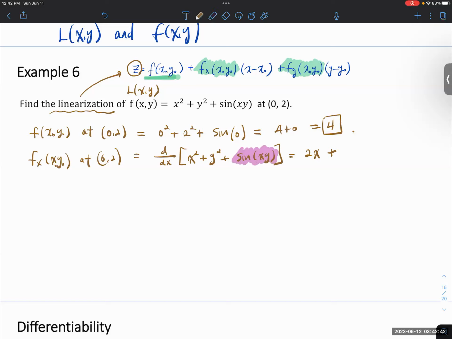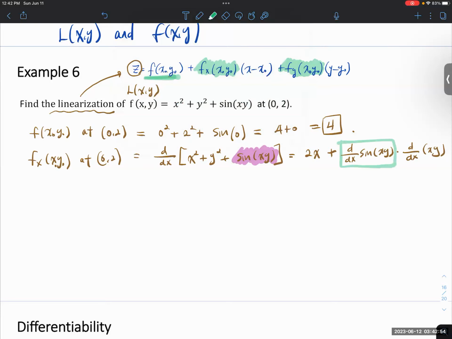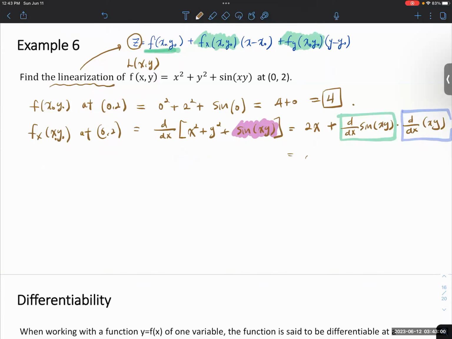So you are going to have d over dx of sine xy, and then xy has inside and outside. This is outside, this is inside. So you should get 2x plus, sine will be cosine xy, and xy, when you take the derivative with respect to x, you should get y.